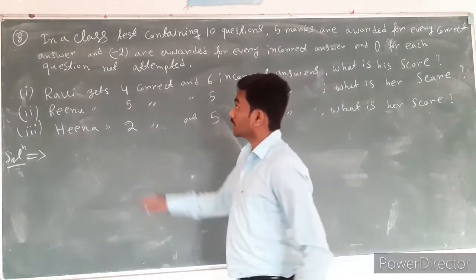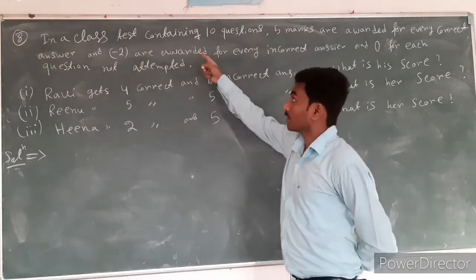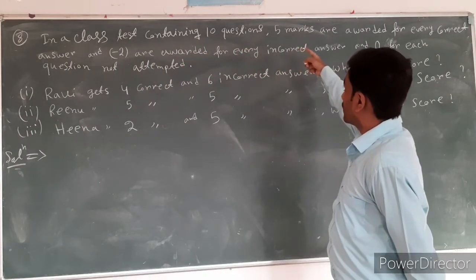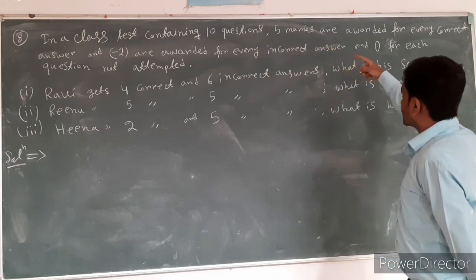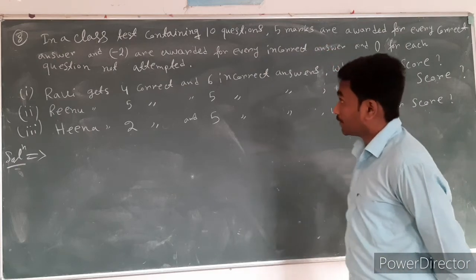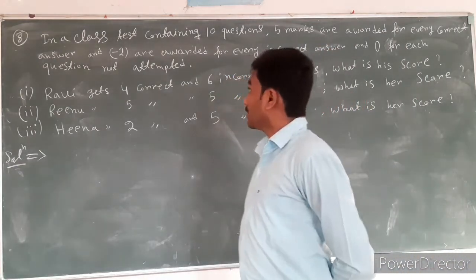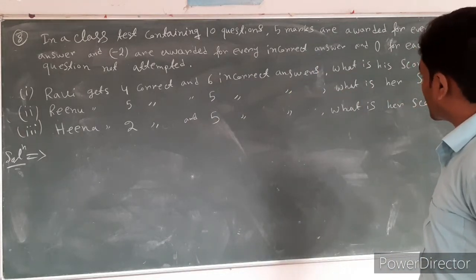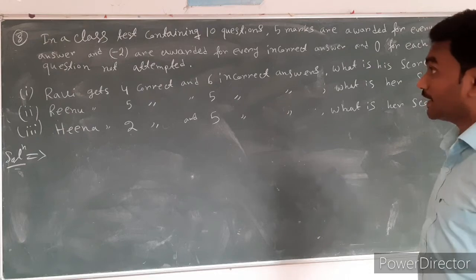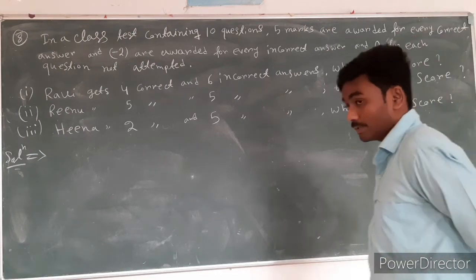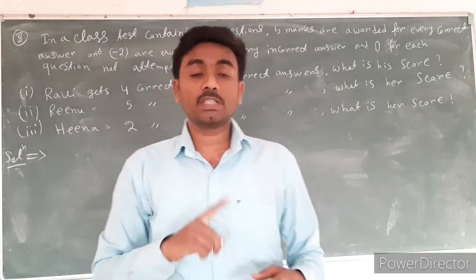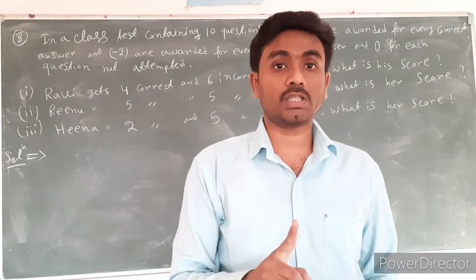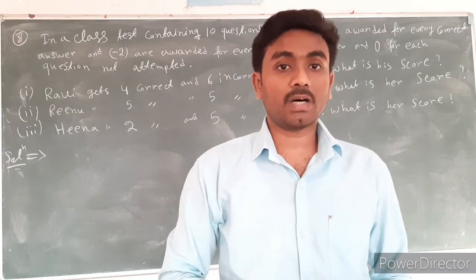Question number 8. In a class test containing 10 questions, 5 marks are awarded for every correct answer and minus 2 are awarded for every incorrect answer and 0 for each question not attended. That means if you answer one question correctly, you get 5 marks.